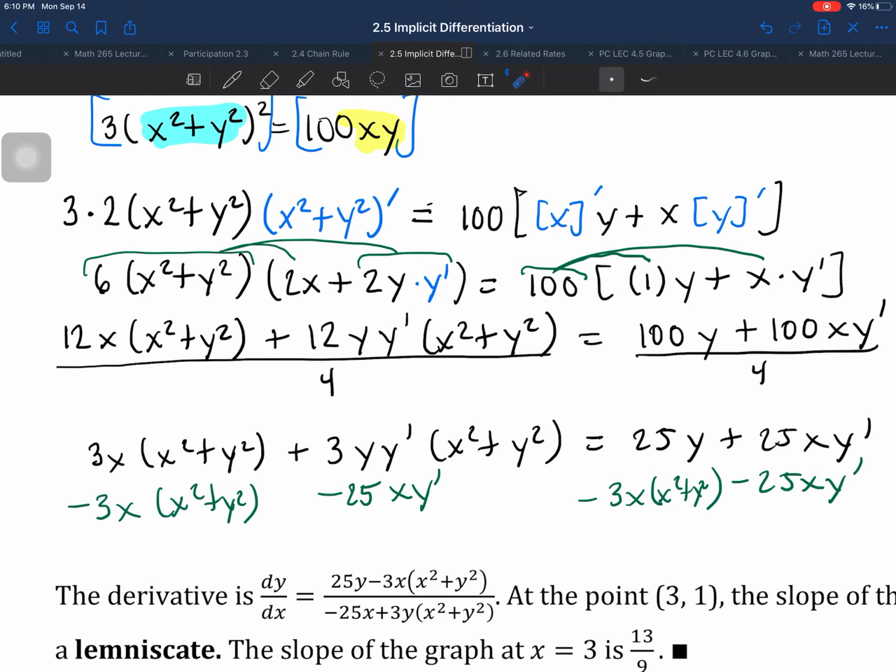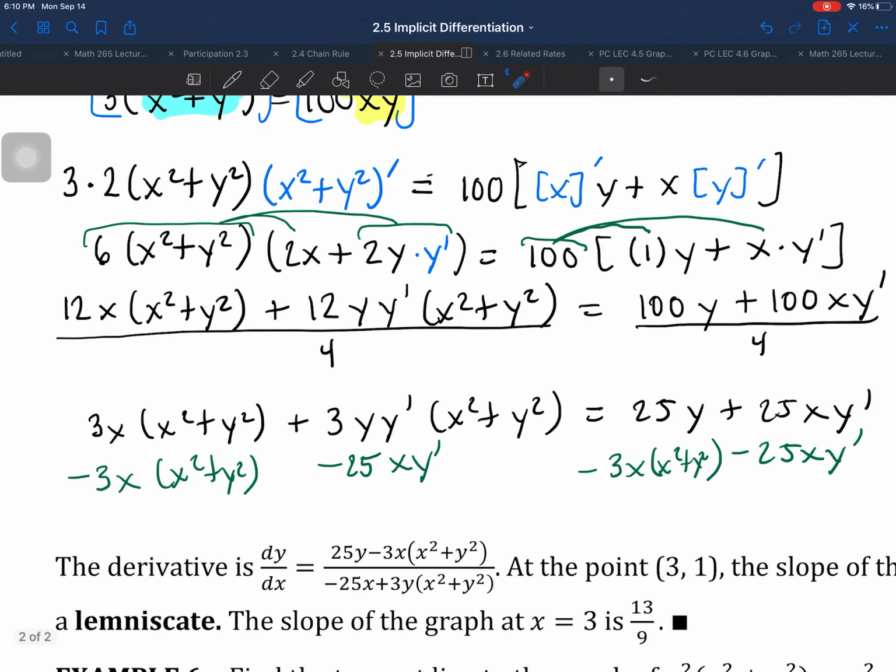The derivative of x is 1, times y, plus x times the derivative of y. We don't know what y is, so we leave it as y prime. We distribute the 100 on the right side, and on the left side we do the same thing, distributing this whole thing to both terms.